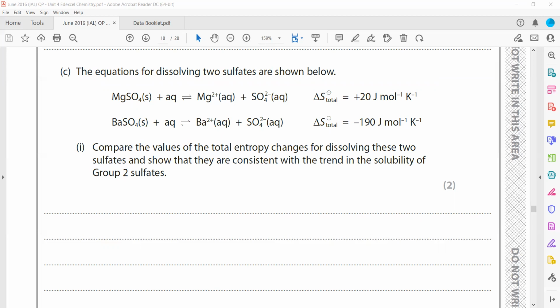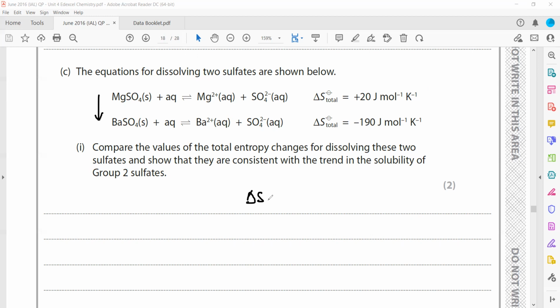As you can see, as we go down the group, the solubility decreases. Why does the solubility decrease?